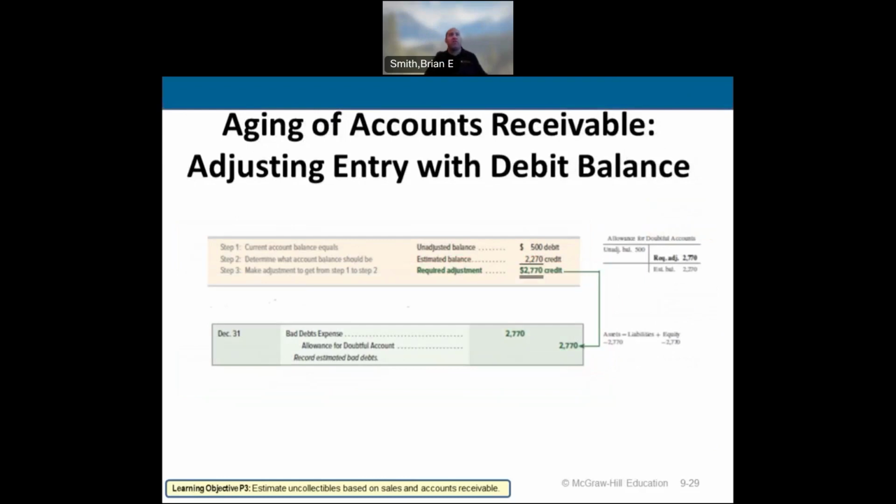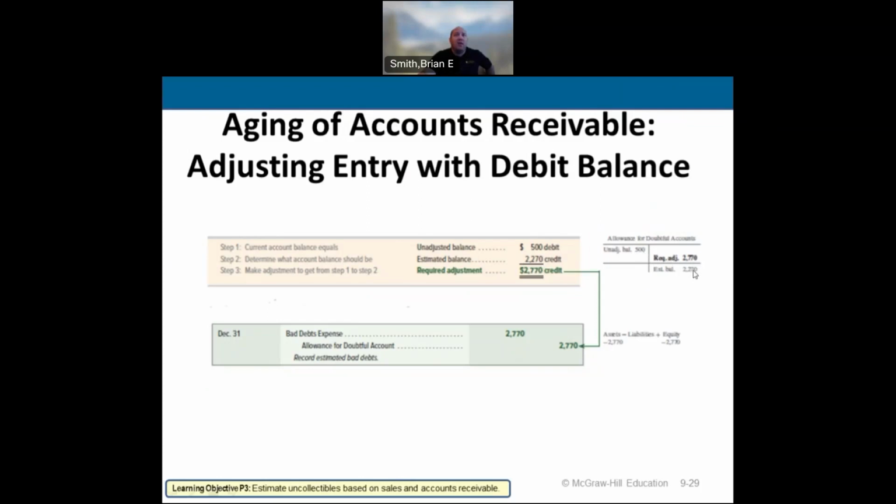Okay, what happens when you have a debit balance? And this is good for this. We're doing it on the aging of the accounts receivable. This is good for the percentage of accounts receivable method as well. All right, so what if we had a $500 balance here? Well, when we calculated our $2,270 balance, we need to go from the debit side all the way through to zero, and then from zero to the 2,270 credit side.